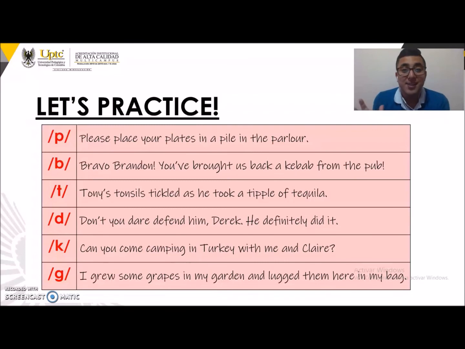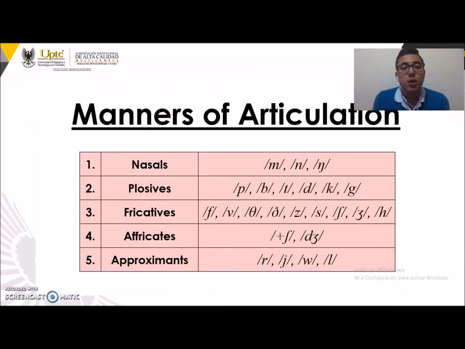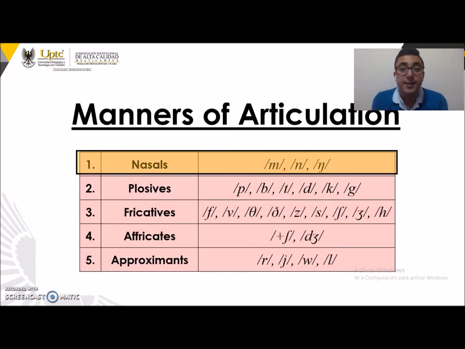Alright, so I think that's it for now, for this first video. In order to conclude, I just want to make a summary of everything. Let's remember that consonant sounds belong to the manner of articulation, and they are divided into five different groups. Today's video focused on nasal and plosive.